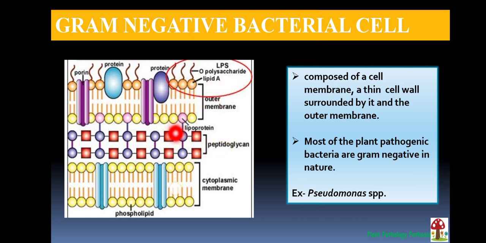It does not contain any special compounds like teichoic acid, lipoteichoic acid or teichuronic acid. So the example is Pseudomonas species, and most of the plant pathogenic bacteria are gram-negative in nature.